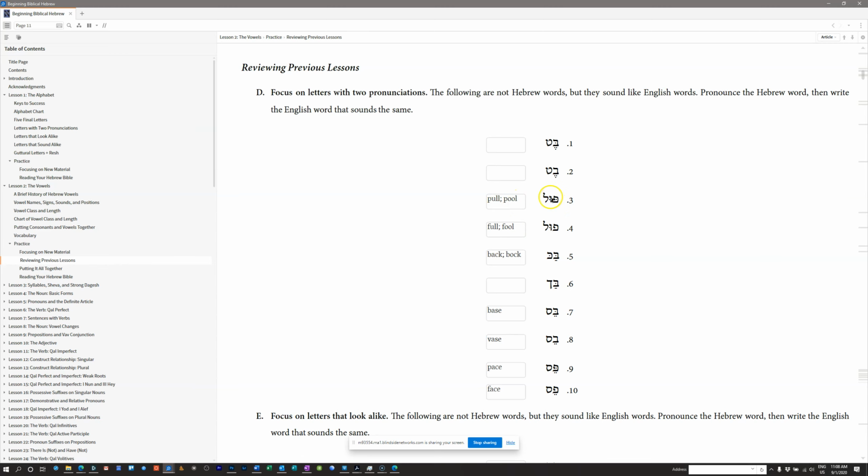If you want to emphasize the length of the shureq, this is a long vowel, then you might say pool instead of pole. Pole is really not a long vowel in English, and so I'm not sure which Futato gives here, but some people would pronounce this pole and some would pronounce it pool.